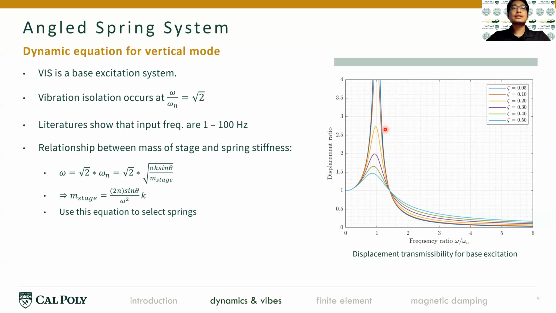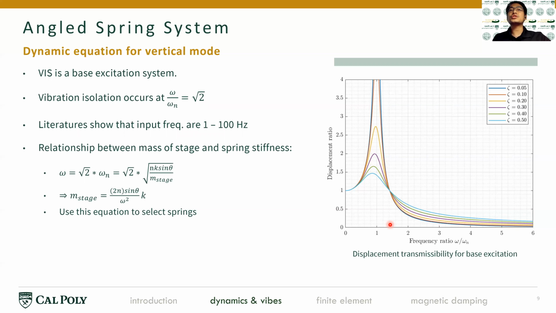The vibration isolation mass spring system is a base excitation system. With the plot here, we can see the displacement transmissibility for base excitation. The vibration isolation occurs right here, when the curve goes below 1, at a ratio of the input over the natural frequency of about square root of 2.